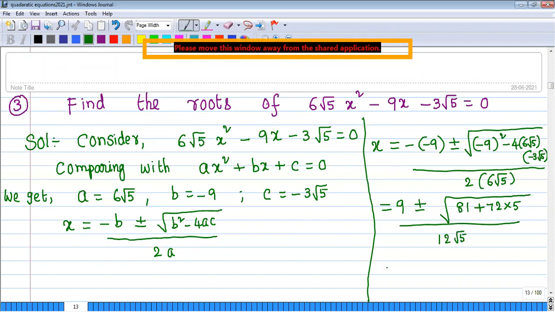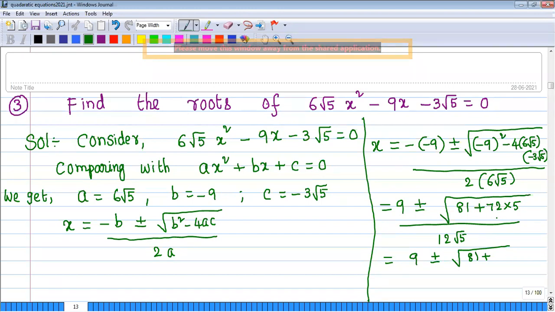Without any hesitation you can write 9 plus or minus root of 81 plus, if you multiply 72 with 5, what do you get? 360. Upon 12 root 5.